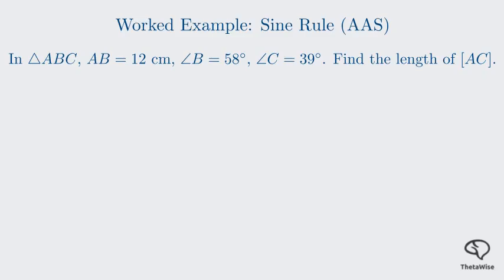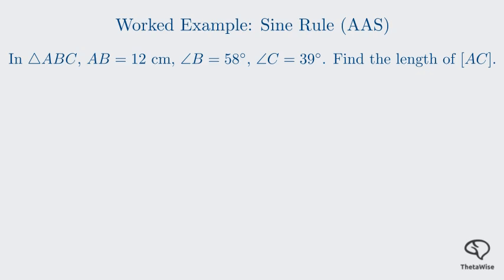We have side c, 12 centimeters, and the problem gives us angle C as 39 degrees, so our pair is c = 12 and C = 39. We need to find side b. A quick check: the diagram shows side c opposite angle C, and angle B is at vertex B.